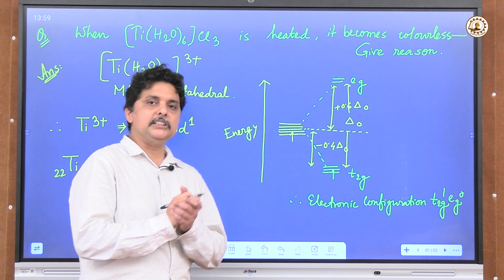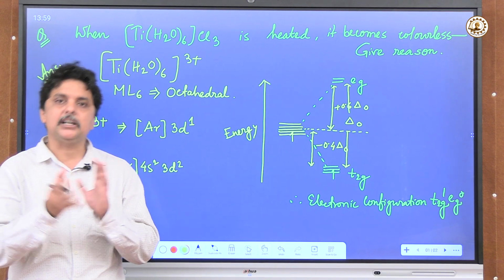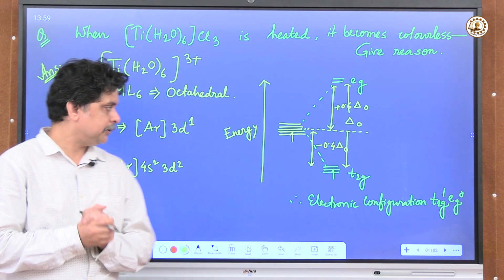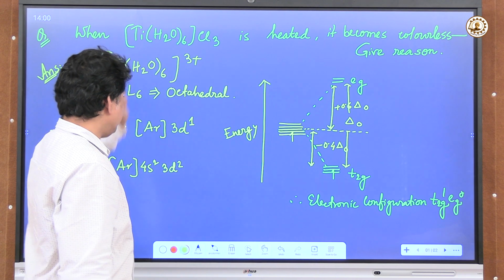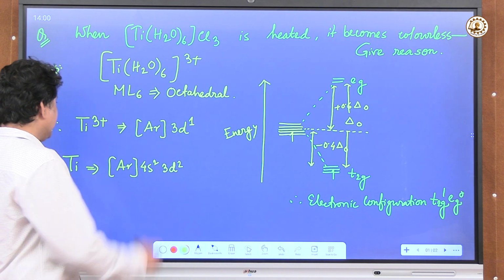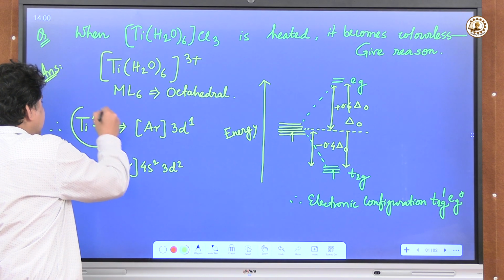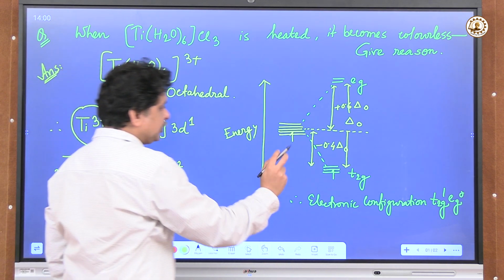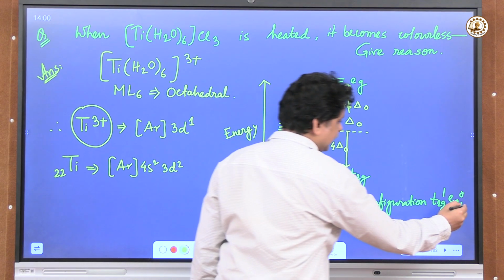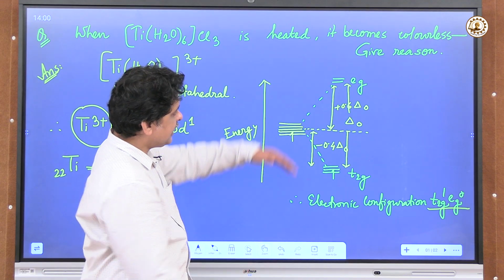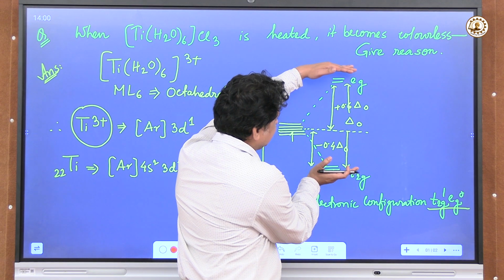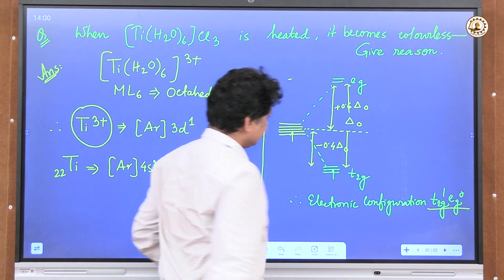Now the first question initially was why the complex is colored, why it is violet in color. Why so? Because in the aqueous solution we have this complex ion containing a central titanium 3+ that has the t2g1 eg0 electronic configuration. We can simply observe there is some energy gap between this t2g and eg.